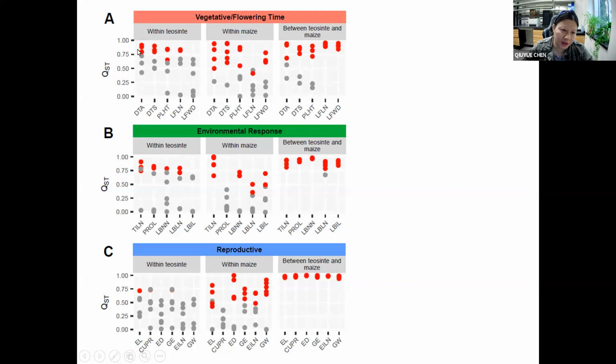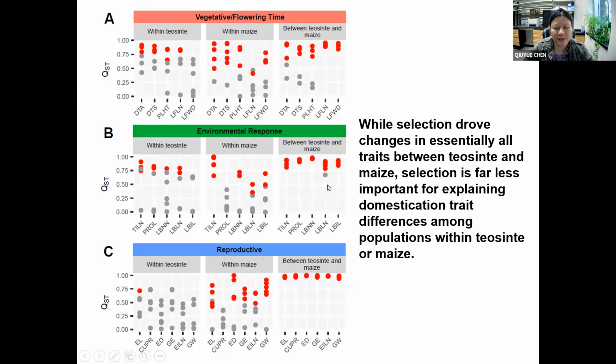Here, each dot stands for a QST value in a comparison, and the red color indicates QST significantly different from FST. From this plot, we can see that selection drove changes in basically all traits between teosinte and maize, but selection is far less important for explaining domestication trait differences among populations within teosinte or within maize.